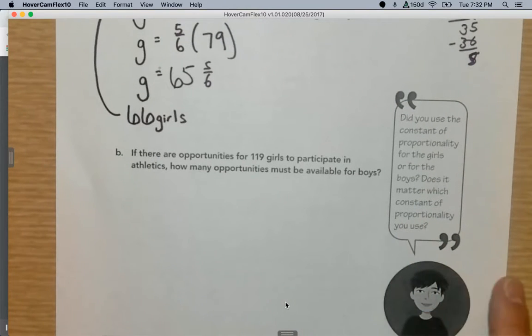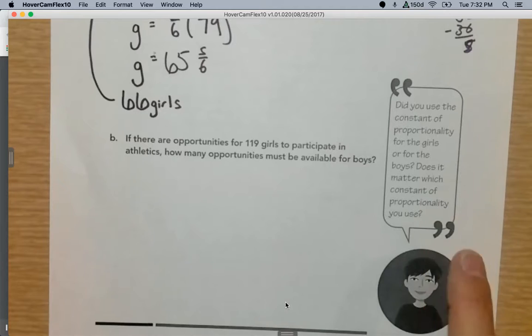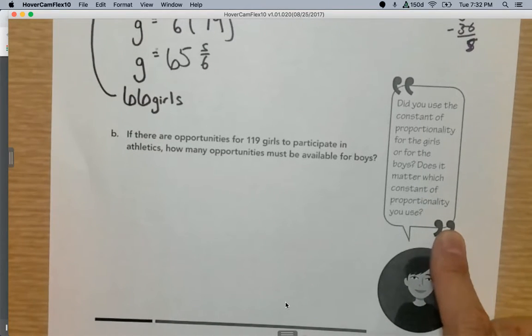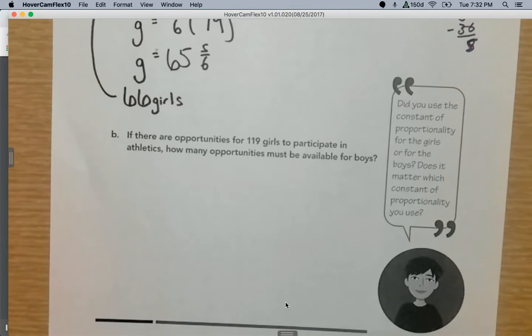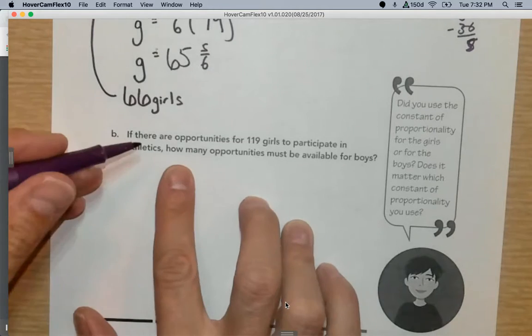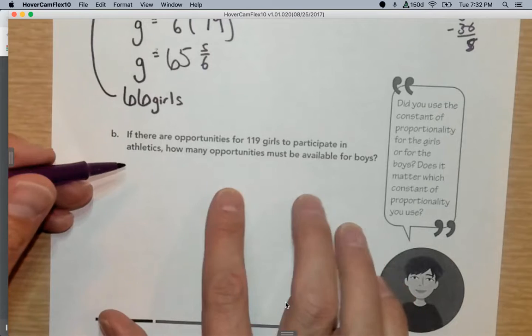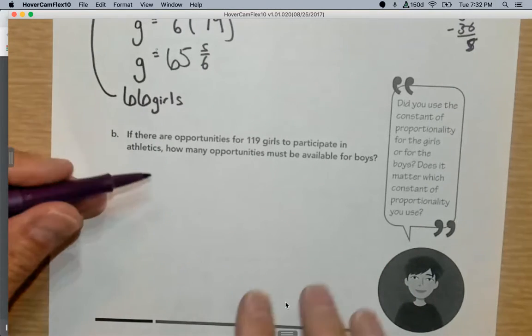I like to read what the thinky guy says. Did you use the constant of proportionality for the girls or for the boys? Does it matter which constant of proportionality you use? For B, if there are opportunities for 119 girls to participate in athletics, how many opportunities must be available for boys?